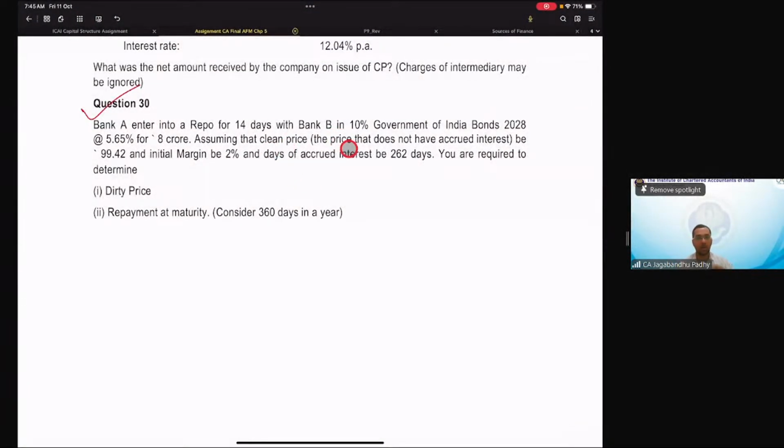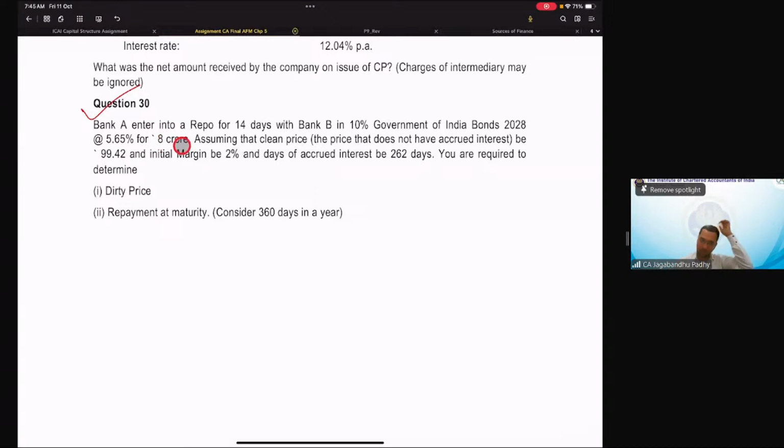Now, the first leg of the transaction is what we have to compute, and then the second leg is to be computed. It says that the initial margin is going to be 2%, and the repo transaction is for 8 crores.